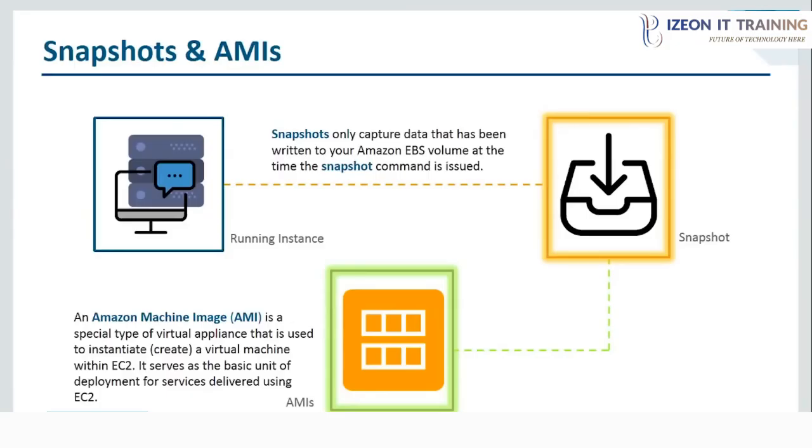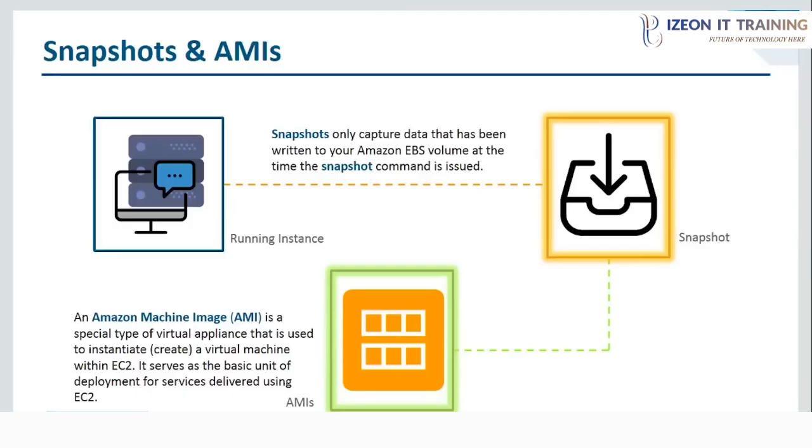So AMI, which is an Amazon Machine Image, is nothing but an executable image of your already existing EC2 instance, right? But before an AMI can be created, there's a thing called a snapshot. Now, what are snapshots? Snapshots are nothing but a copy of the data that you have on your hard drive.